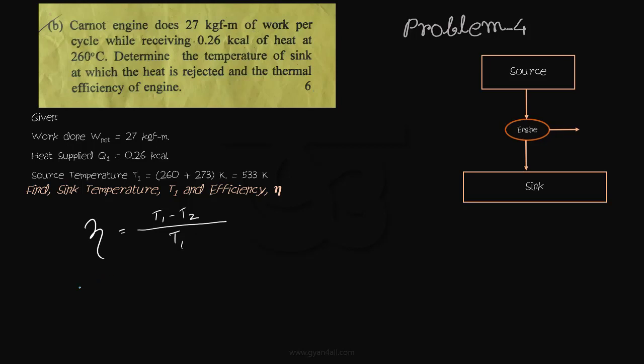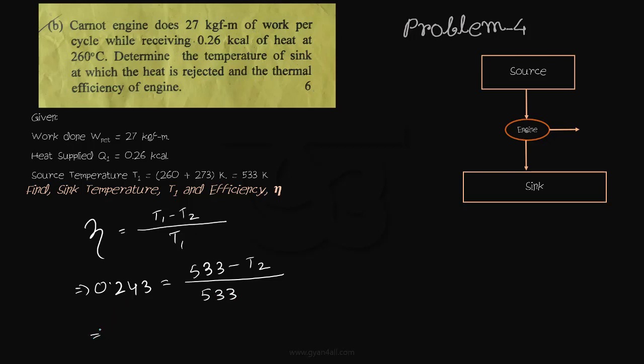So if we put the values, efficiency we have already calculated, 0.243, and temperature T1 is given in the problem, that is equal to 533 Kelvin, minus T2, divided by 533.